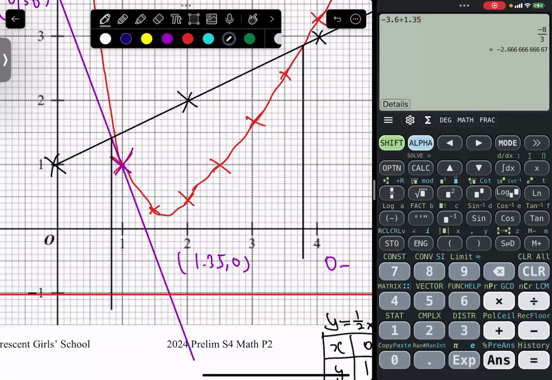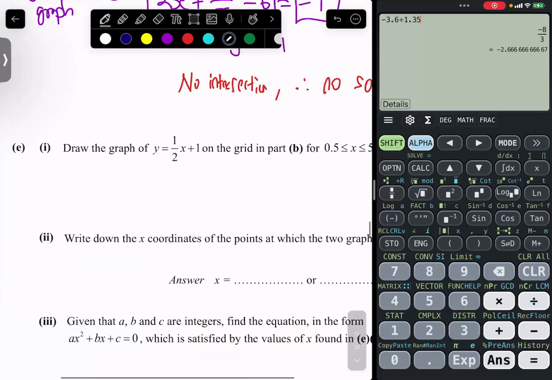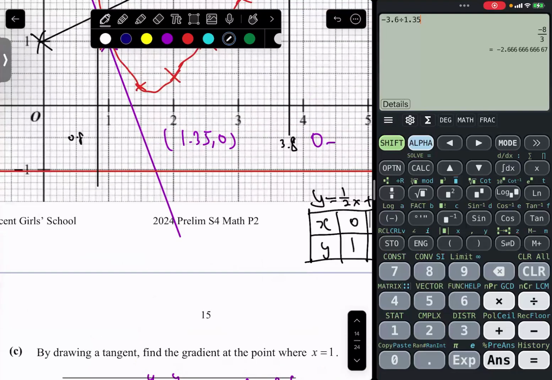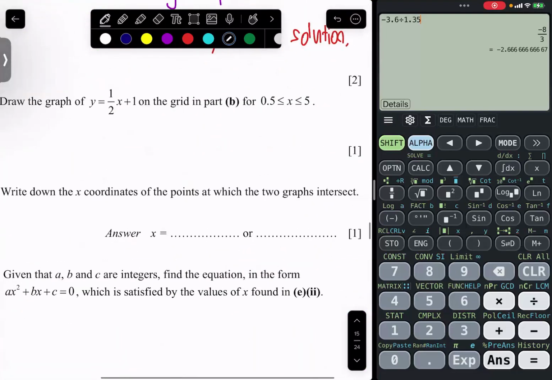One of the points is 3.8, and the other is 0.8-something. So x equals 0.85-ish, I guess. Let me see again. Yeah, 0.85-ish.